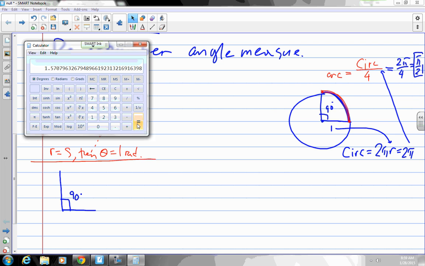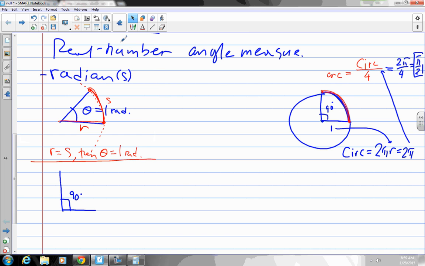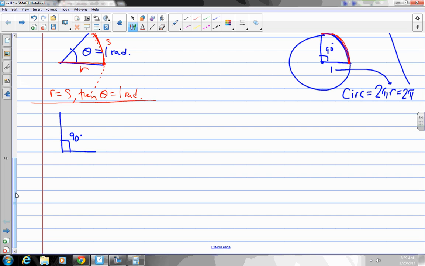We never really use this number, 1.57. We just think of it as pi over 2. That's going to be easier for us to think of these angles in terms of pi. So 90 degrees is equivalent to pi over 2 radians. Does that make sense how we came up with that?